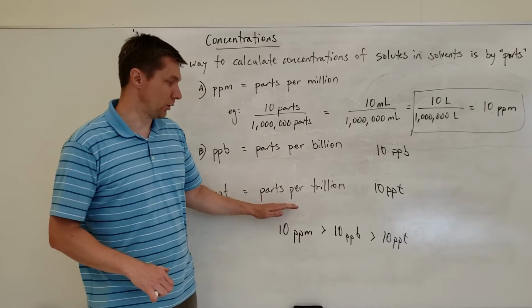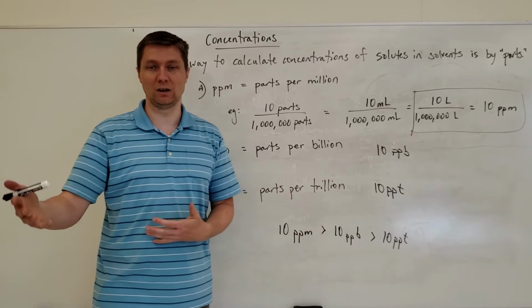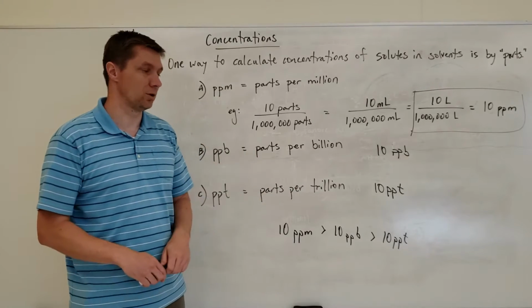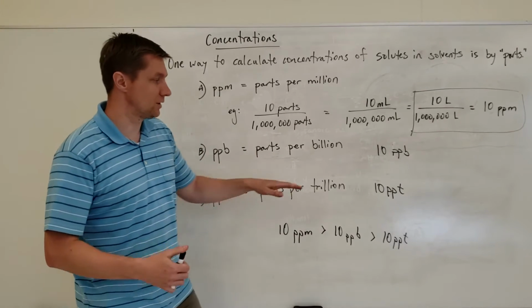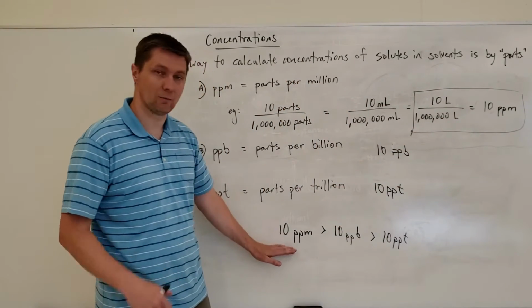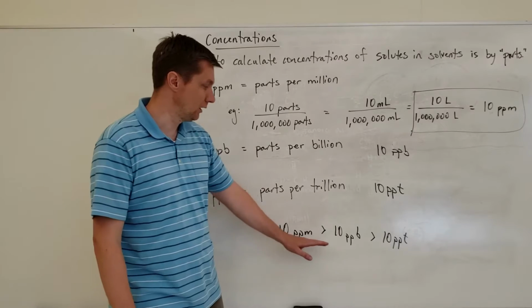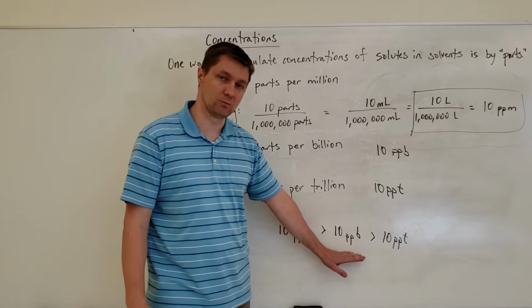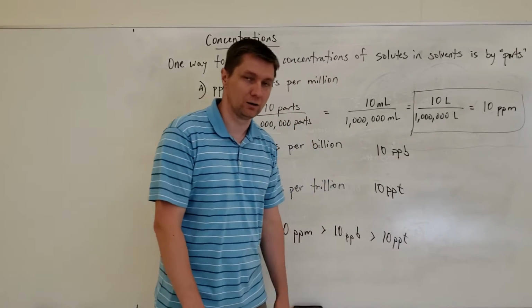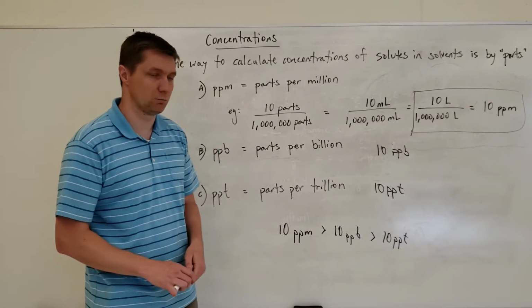Then moving on to parts per trillion, again, that would be an even less concentrated solution than something with parts per billion. Now that's assuming that all of these would be 10. 10 parts per million is going to be the most highly concentrated. Then the next most concentrated would be 10 parts per billion. And then the lowest concentrated solution would be the 10 parts per trillion.